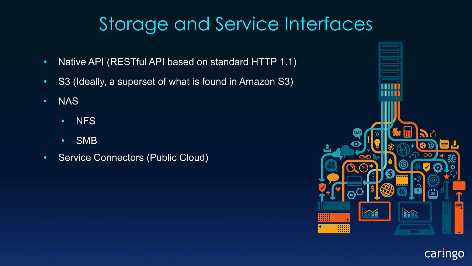But in the backend, it is speaking any object protocol like HTTP or S3, right? So from your perspective, when you're buying a system, just keep in mind: what kind of access do I need?